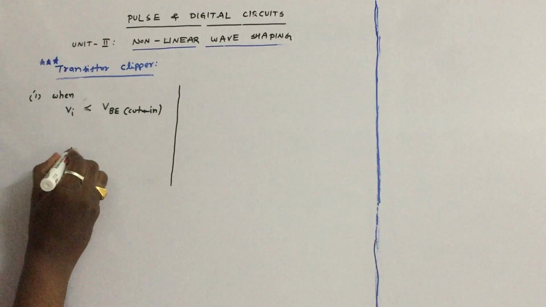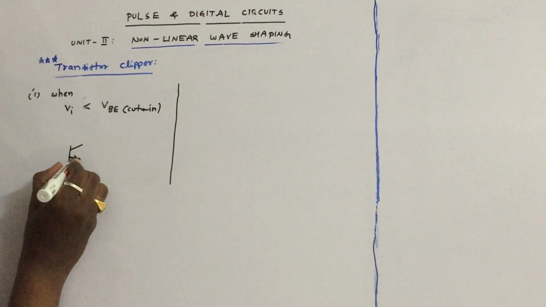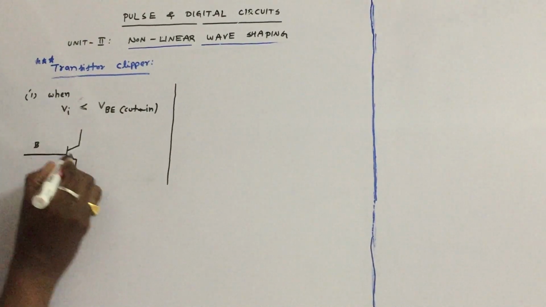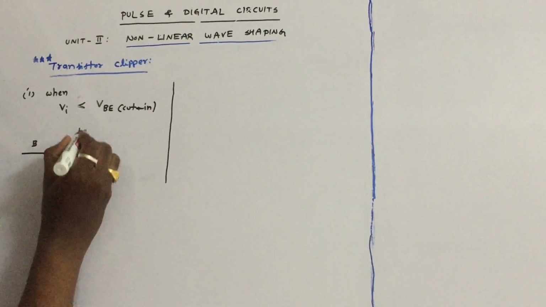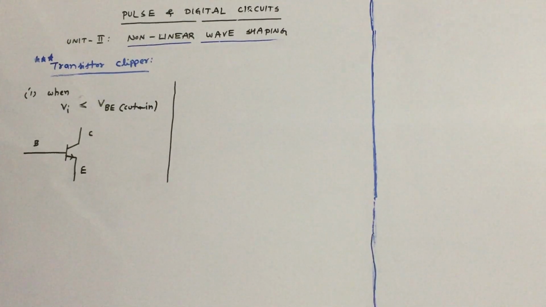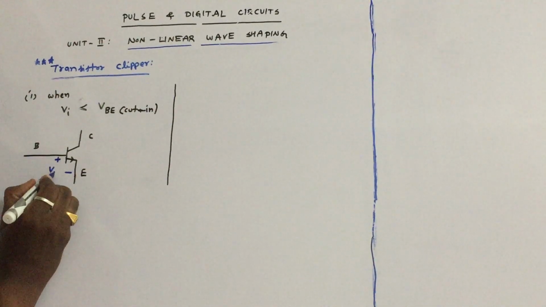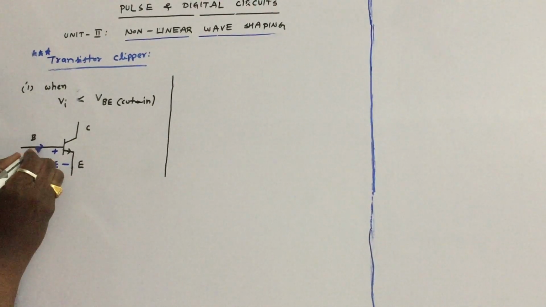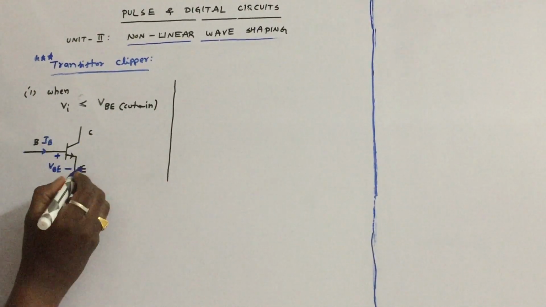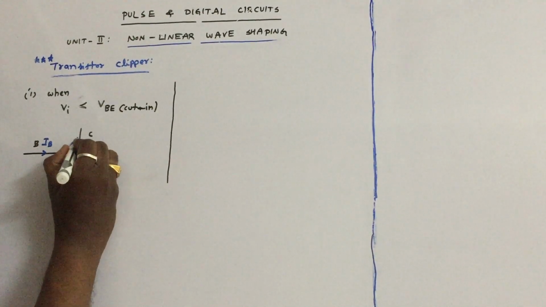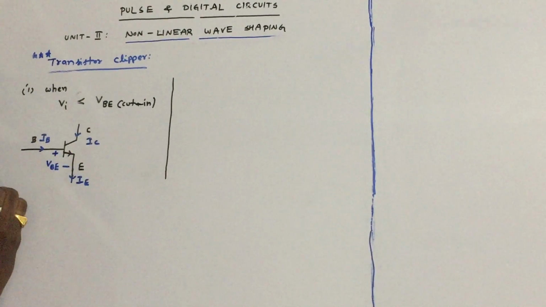First let us take the transistor. This is the transistor, and as you know, this is the base, emitter and collector. This is the base to emitter voltage, VBE. The current through the base terminal is IB, the current through the emitter terminal is IE, and the current through the collector terminal is IC.